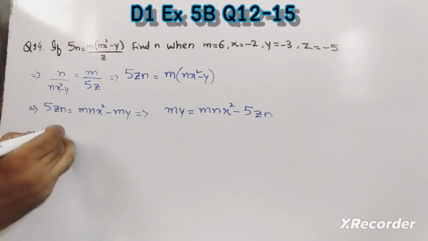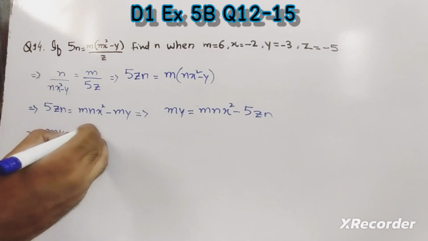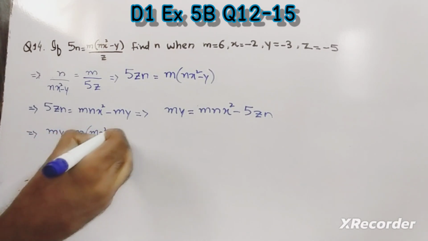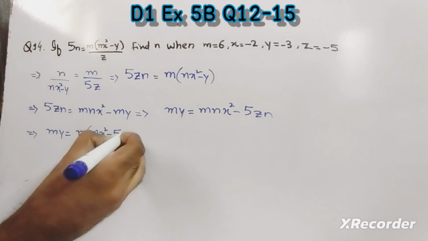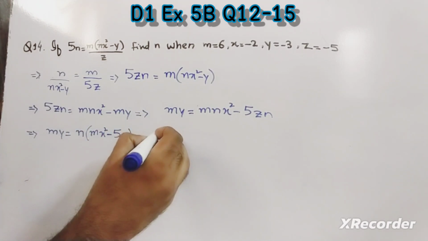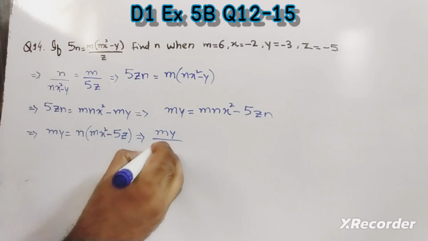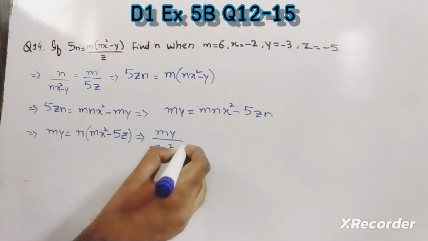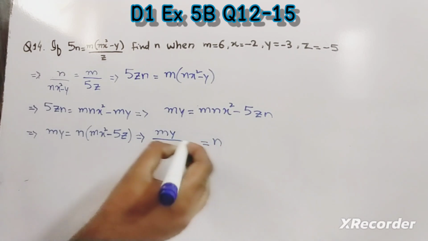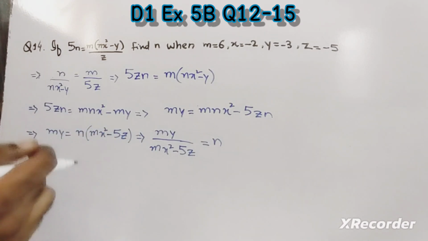Now my is equal to, taking n common, what remains inside, m x square minus 5z, and move this number into upon, so my upon m x square minus 5z is equal to n, and that is our required formula.